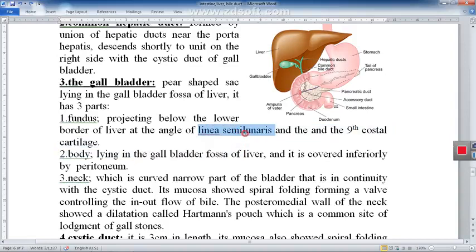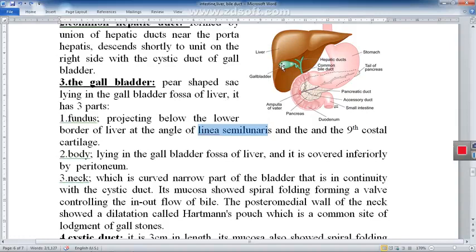Linea semilunaris is the lateral border of rectus abdominis muscle in surface anatomy. So the point of meeting of the lateral border of rectus abdominis muscle, which is linea semilunaris, and the right 9th costal cartilage is the site of the fundus of the gallbladder as it projects below the lower border of the liver. Why is this important?